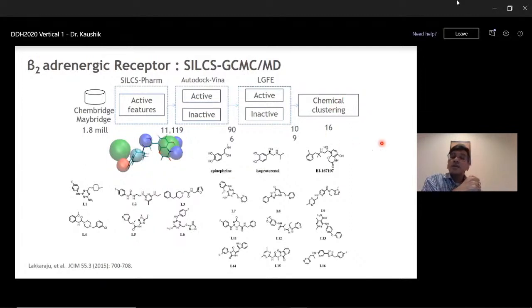On the top here are some of the previously known agonists that bind to the beta-2-adrenergic GPCR. And below here are the kind of compounds that come out from this silk screening approach. So again, a quick glance shows us the diversity in the chemical matter that's coming out from this approach, which is interesting by itself.